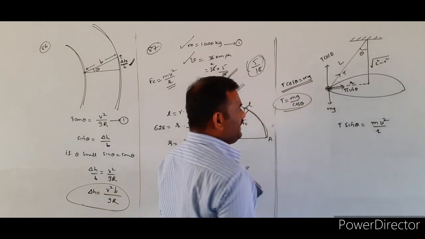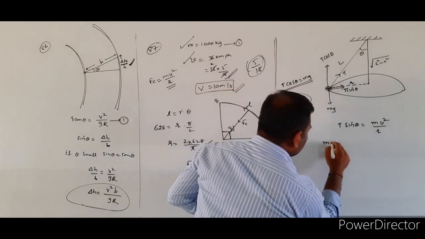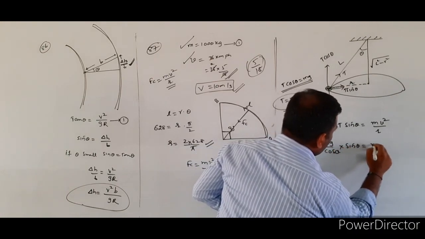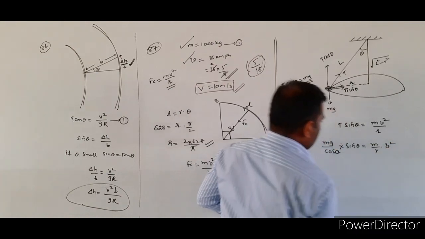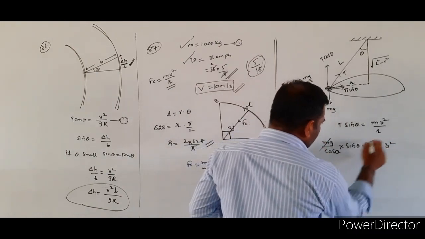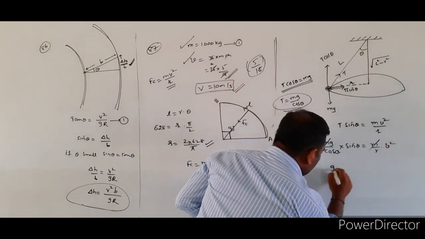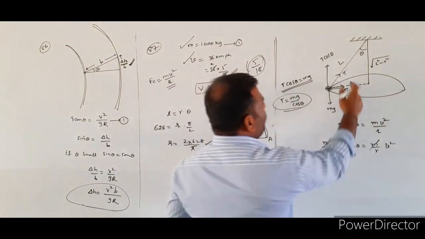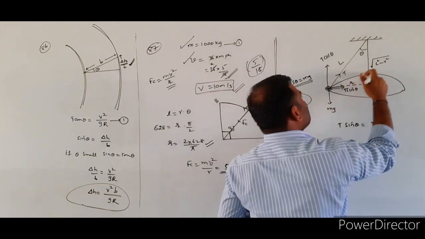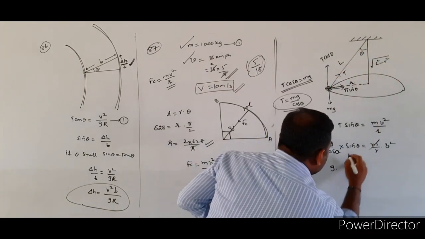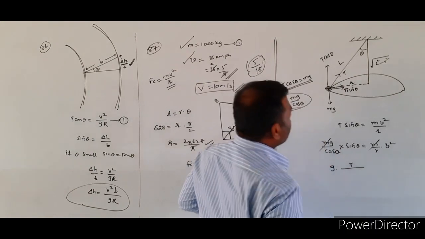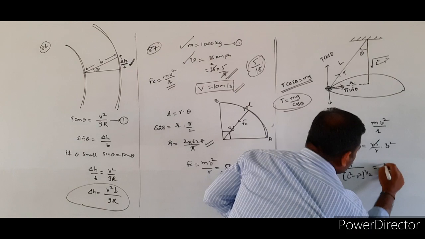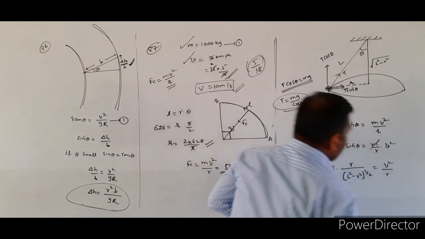T is equal to mg by cos theta. In place of T, mg by cos theta into sin theta is equal to m by r into v square. So here m will get cancelled. g into sin theta by cos theta is tan theta. Tan theta, from the given diagram, is opposite side by adjacent side. So tan theta is r by (L square minus r square) whole power 1 by 2, equal to v square by r.